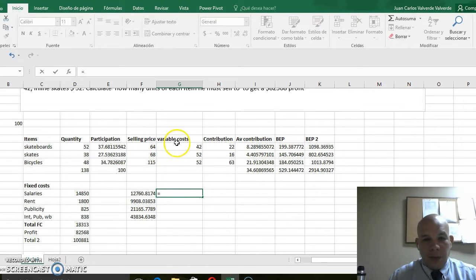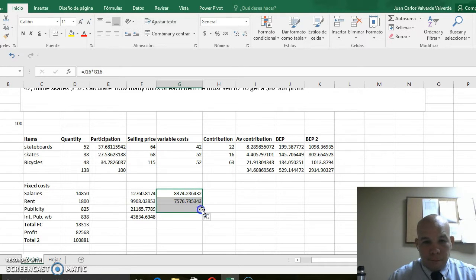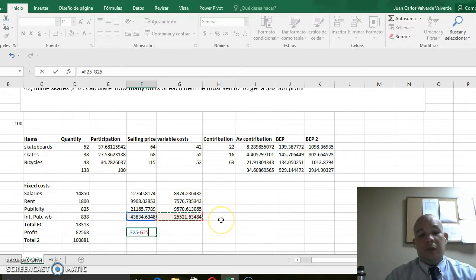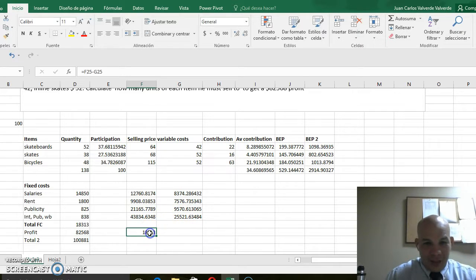We multiply it by the variable cost. We copy the formula again, and we add it up. If I subtract this value minus this value, what am I supposed to get? I'm supposed to get the fixed cost. This means that the exercise is well done.